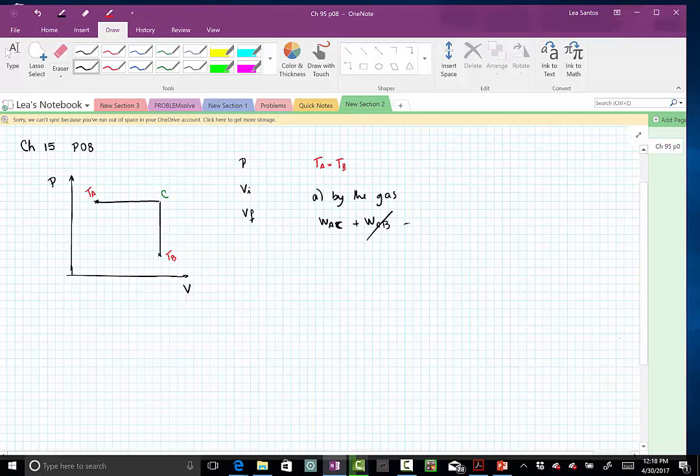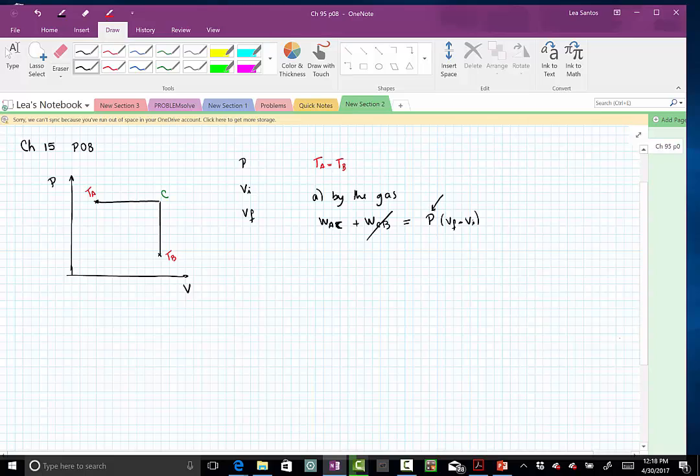So that's what I have to compute. The work from A to C is done at constant pressure, so it's easy to compute. I have to take the pressure that was given to us times the final volume minus the initial volume. And that's it. That's the amount of work that is done by the gas. You just have to be careful with the units.